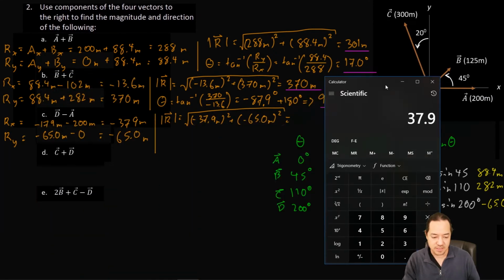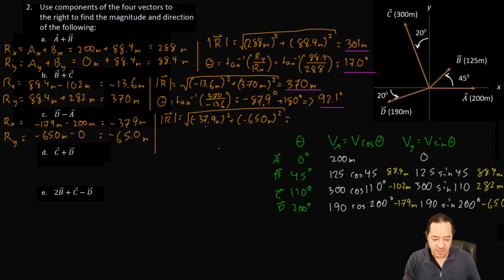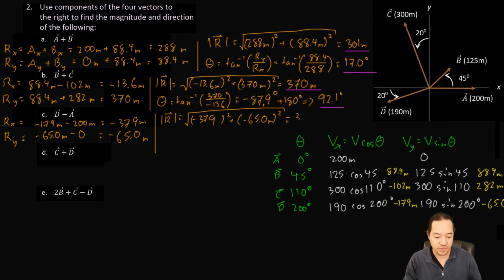Not sure why I had a decimal point there. Okay, let's try that again. In memory, we still have the answer for 65 squared. So now we have 379 squared, and we add that to our memory, and then we take the square root of all of that, and that's 385 meters. There we are. This is the length of our resultant vector.